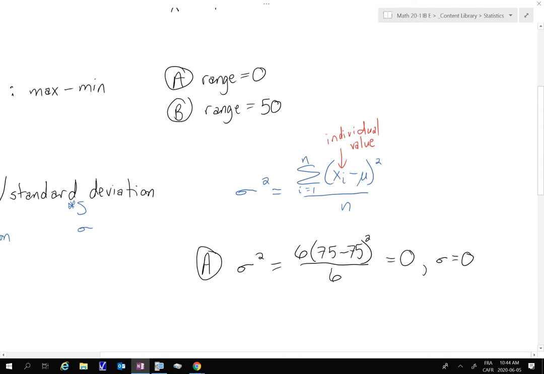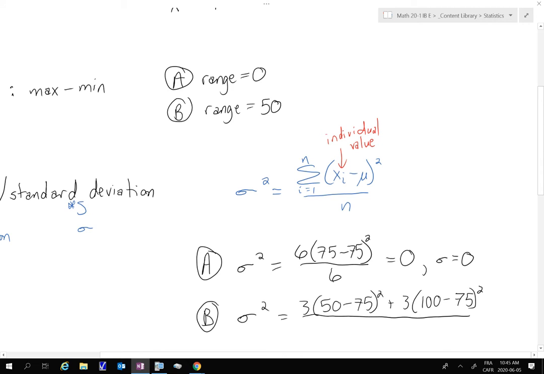The average distance between the values and the mean here is 0 because all of the values are at the mean. For the second distribution, on the other hand, the variance would be 3 times the 50 minus 75 squared plus 3 times the 100 minus 75 squared divided by 6.